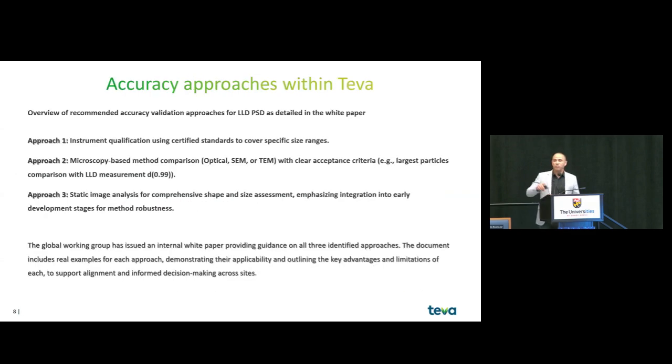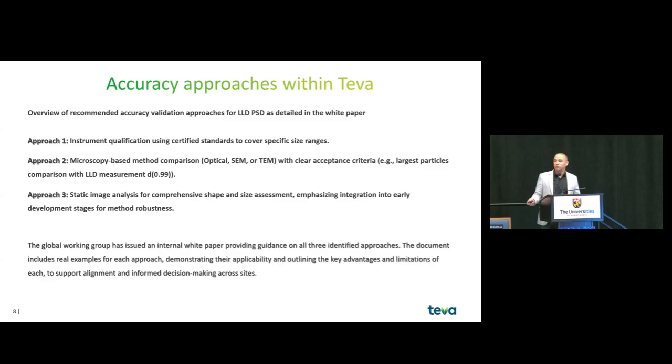And what we did is we went out to all the R&Ds. We have a global forum. So we brought the experts from all the sites, PSD experts, and we asked them, okay, how does your site do accuracy? And we found 3 different methods in lots of different sites. So basically, all 3 of them are correct because all these methods were submitted to one authority or another, and it was accepted.